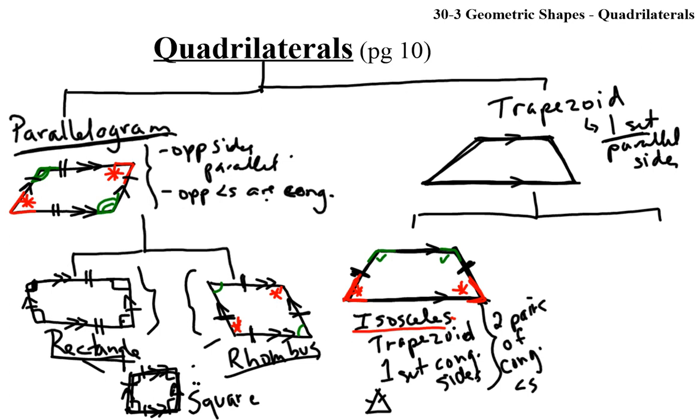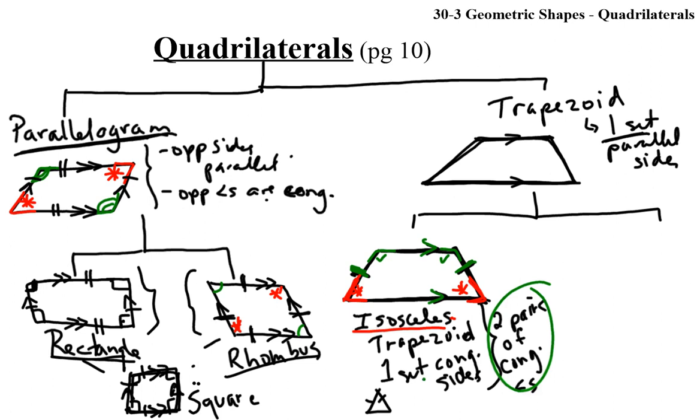So an isosceles trapezoid, one set of congruent sides, which makes it special. Still have the parallel sides, but one set of equal sides, which then gives us these congruent angles. And that little bit of knowledge will help us when we look at all these shapes.